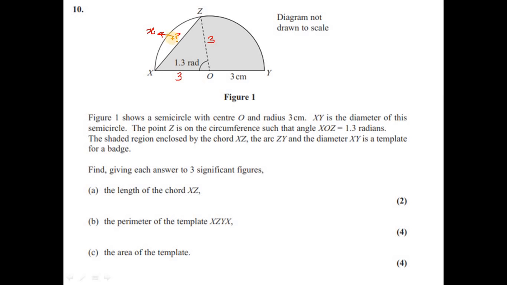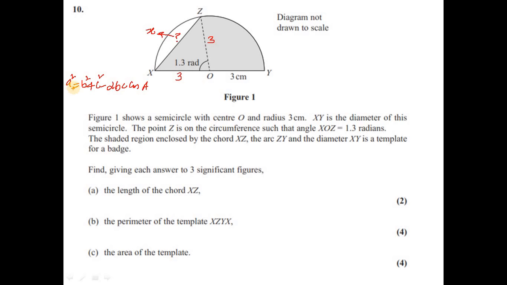So you can use the cosine formula to figure out the third side. The cosine formula, if you remember, is a squared equals b squared plus c squared, these two are given sides, minus 2bc cos of angle A, the angle in front of the required side.